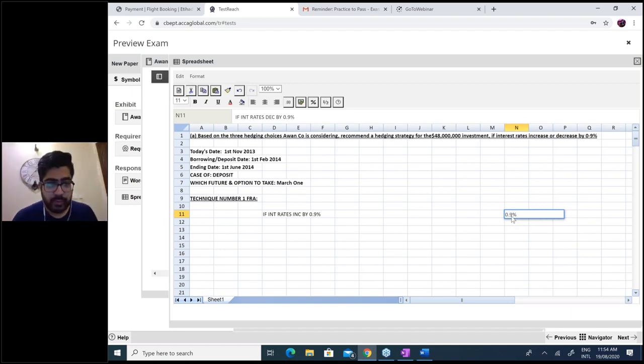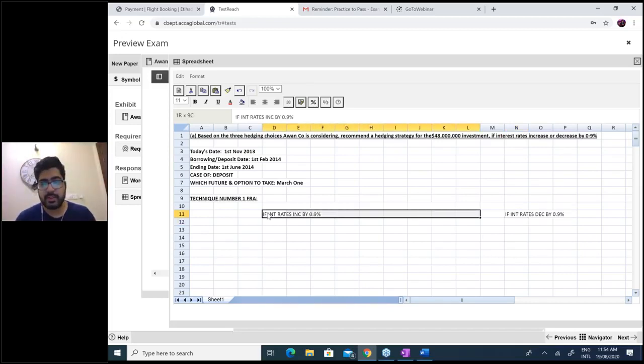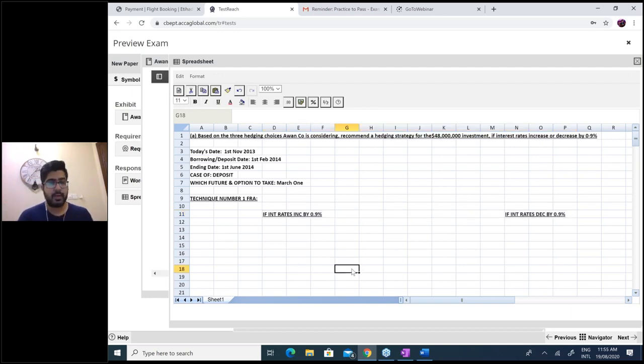It's written above: based on 3 hedging choices the firm is considering, recommend a hedging strategy for the 48 million investment if interest rates increase or decrease by 0.9. You have to answer 2 things. Okay, let's make the format of FRA.